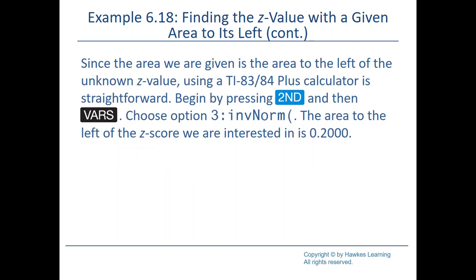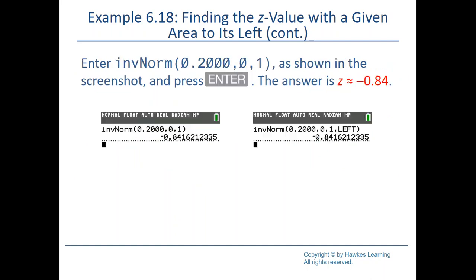So again, second vars, number 3, and then we're going to type in our area under the curve, comma, our mean, comma, our standard deviation. And again, for those of y'all that have the option for left, center, right, go ahead and just put left in there. You'll notice that you get the same thing as we did with the table, but notice it's actually a negative 0.8416, so it's a little bit more accurate going this route, but we do still round it to 2 decimal places.